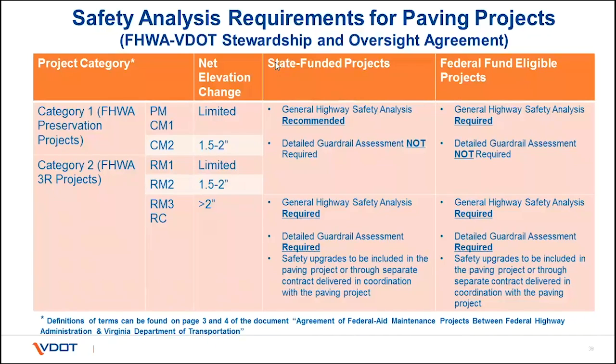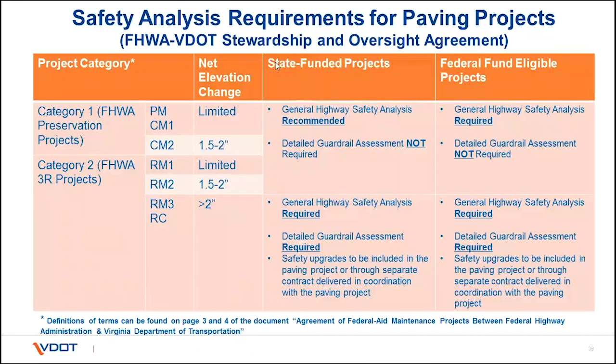By preservation projects, simply stating, these are not really changing the existing elevation of the pavement by more than 1.5 to 2 inches. So in other words, these are your typical chip seal, slurry, latex projects, which will have limited changes in elevation, or your inch-and-a-half mill and fill type projects, which is not going to result in a net elevation change of more than 2 inches.